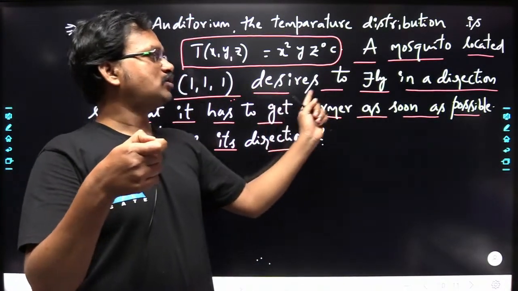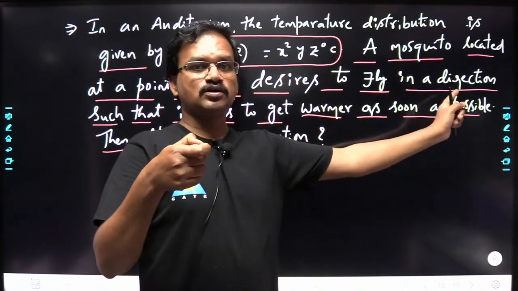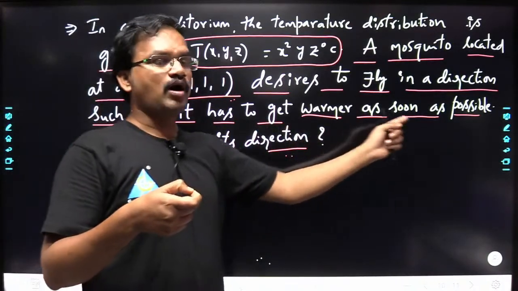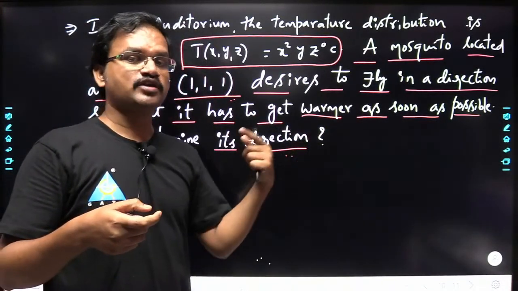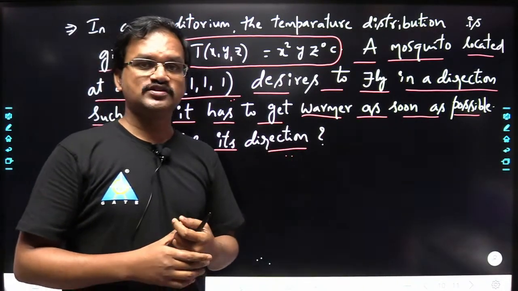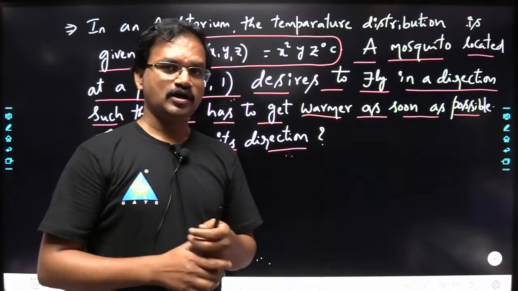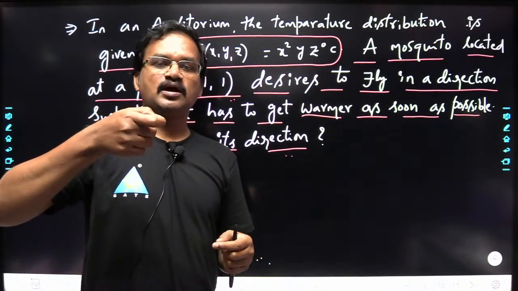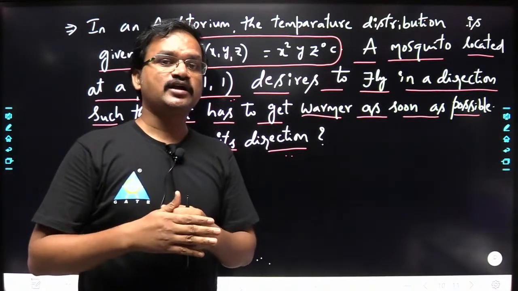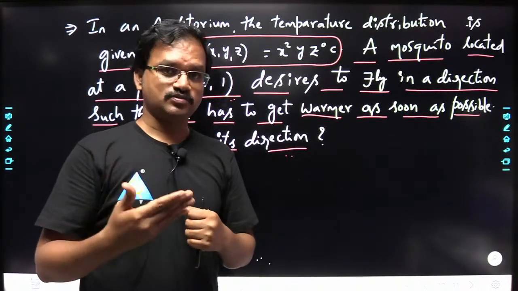Now this mosquito decides to fly in a direction such that it has to get warmer as soon as possible. That means in which direction it has to fly.